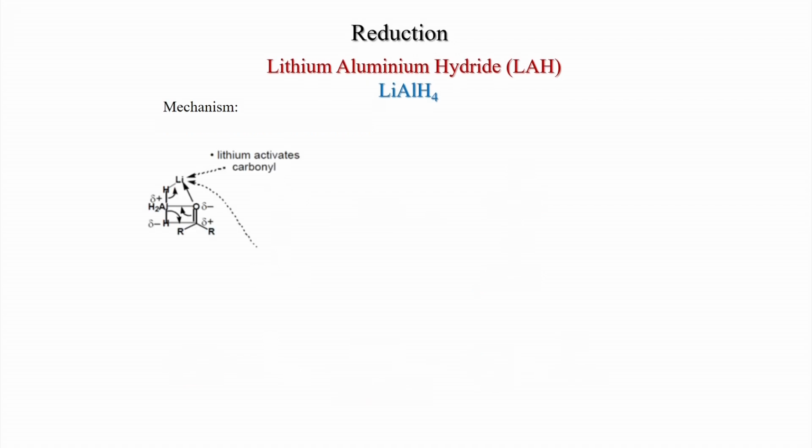What is the mechanism of carbonyl reduction? Here it is important that both aluminum and lithium bind with oxygen, and lithium in fact activates the carbonyl. It has been observed that addition of a crown compound can prevent reduction by removing lithium. So, if you remove lithium, then the reduction will not happen.